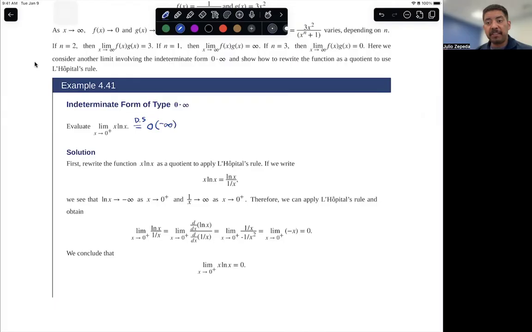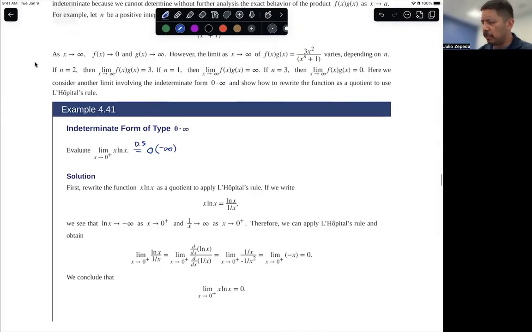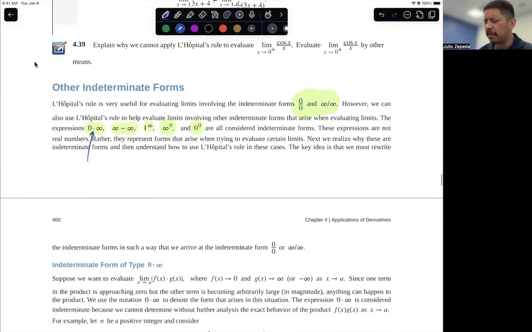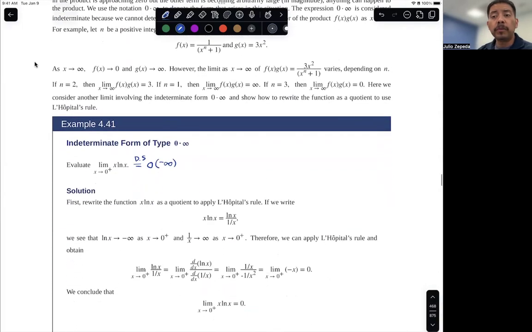So 0 times infinity, what is that equal to? Is that 0? Is that infinity? Is that something else? Well, this should be ringing a bell, and I say, hey, I learned that in the section for L'Hopital's rule, and so maybe I can manipulate this somehow to be able to apply L'Hopital's rule to answer this question.